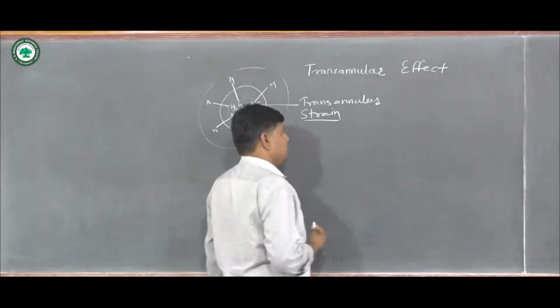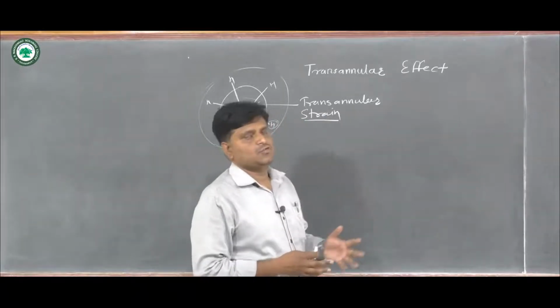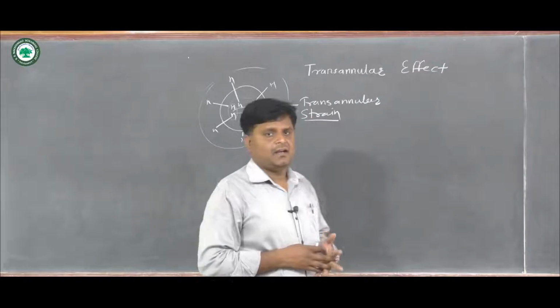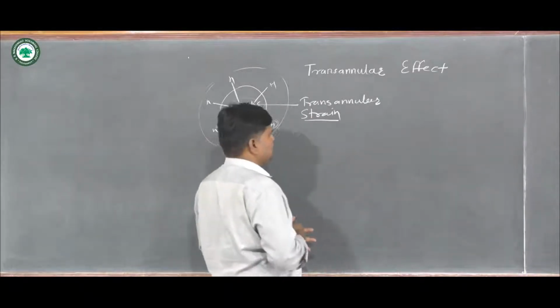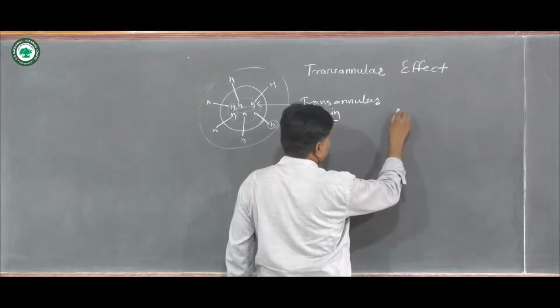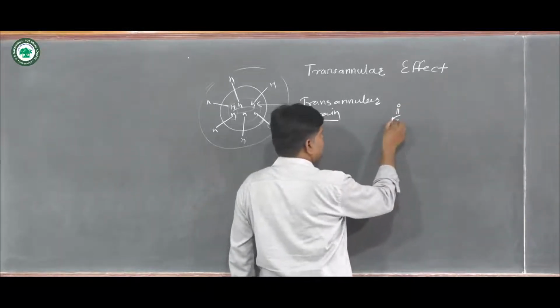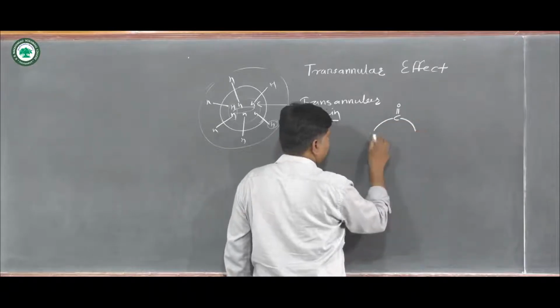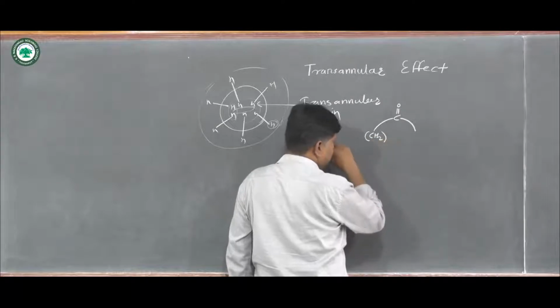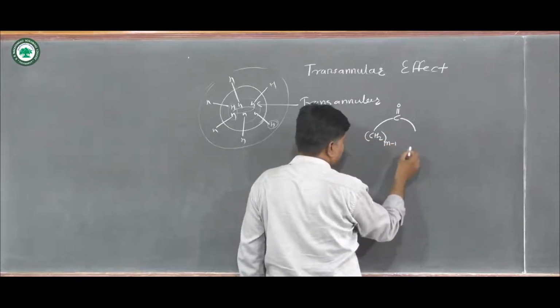Then we see the transannular effect with a suitable example. Suppose we take here a carbonyl group which is present in the ring system. Here this is a CH2 group, and here I write M-1.